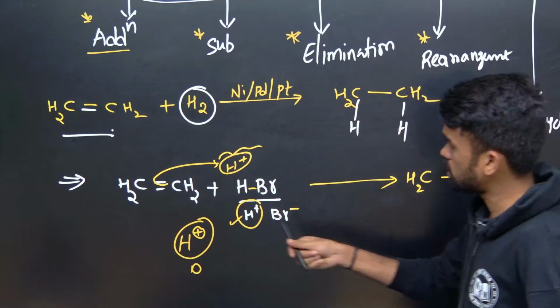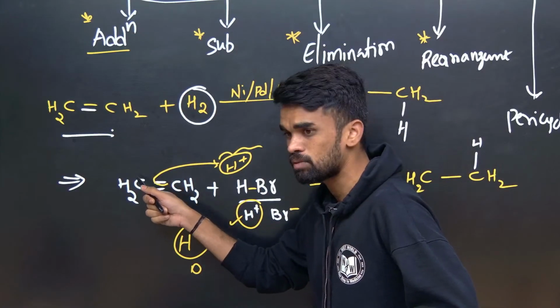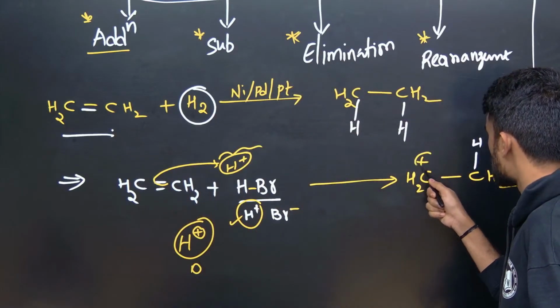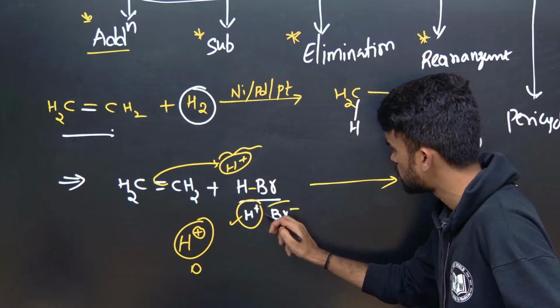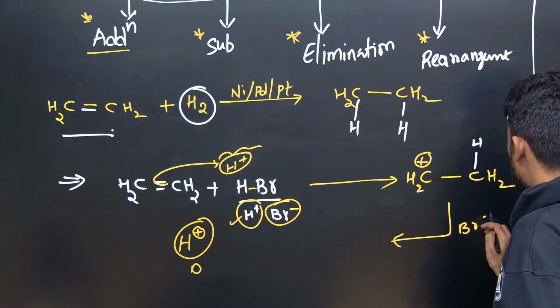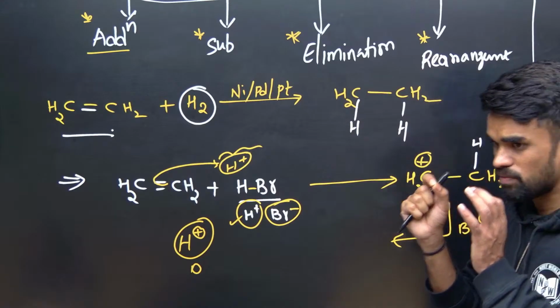Yes. Now this carbon lost these pi electrons, so what charge should this carbon get? Positive charge. Yes, this is a positive charge carbon, right? To this, what is the negative part of this HBr? Yes, that Br minus should be added at the positively charged species. See, organic reactions are very easy.